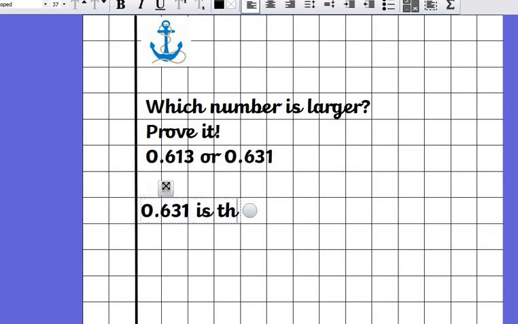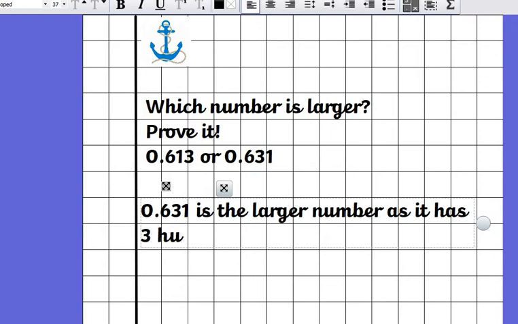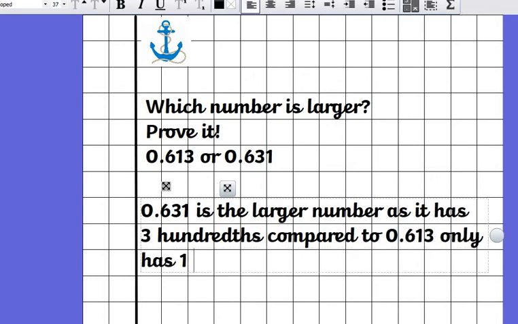0.631 is the larger number as it has 3 hundredths compared to 0.613, which only has 1 hundredth.